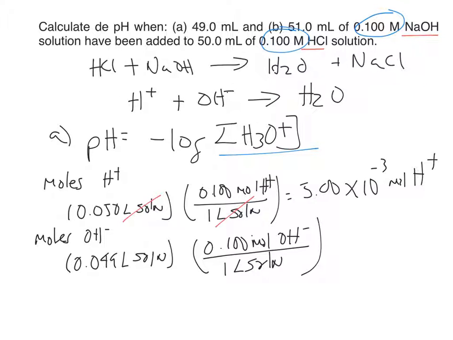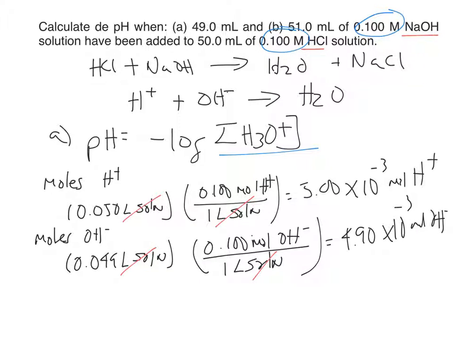Here also we can cancel the units of liters of solution, and we're going to have 4.90 times 10 to the minus 3 moles of OH.